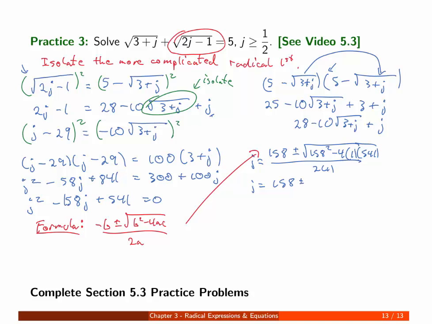So in this case, j equals 158 plus or minus, let's get the discriminant down here. 158 squared is 24,964 minus 4 times 541 comes to be 22,800, all over 2.